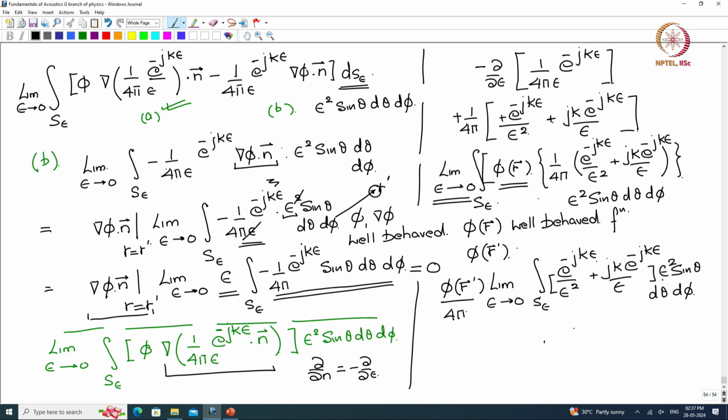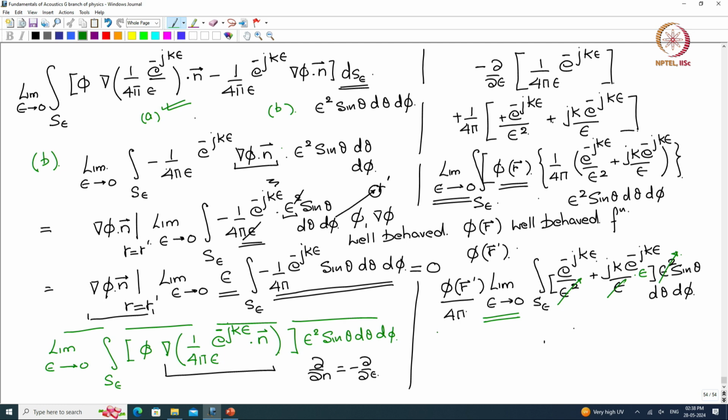Now if I bring epsilon square inside, then I have a cancellation here and I have an epsilon here, okay, and with epsilon tending to 0, what we will get is this term cancels out.